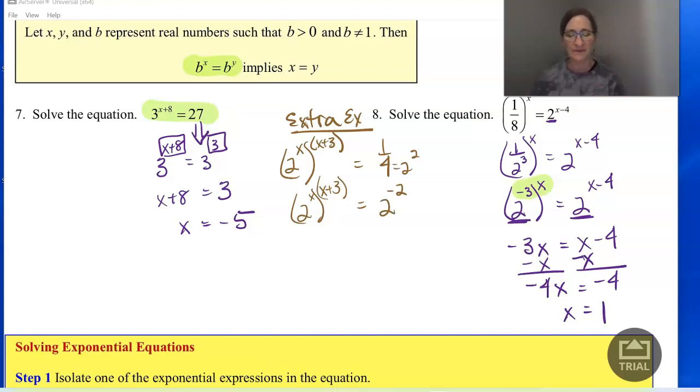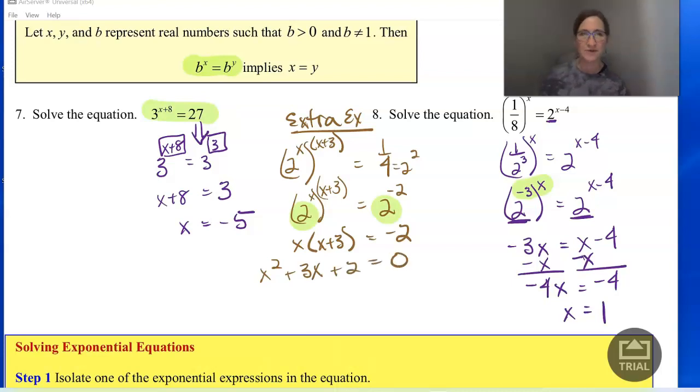So now I have my common base of 2, so I can set my exponents equal to each other. x times x plus 3 equals negative 2. I'm going to go ahead, distribute that x on the left, x squared plus 3x. Now at the same time, I'm going to add 2.